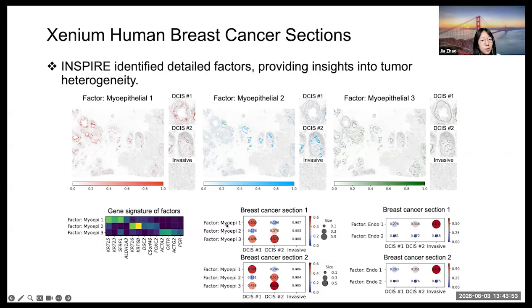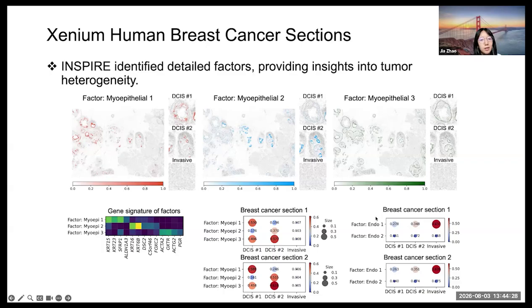So we conduct the enrichment of the colocalization for one factor among those 3 types of tumor subtype. Then we find that, interestingly, myoepithelial 1 only tends to be colocalized with one particular subtype that is less invasive. Instead, myoepithelial 3 tends to be jointly colocalized with 2 of those tumor subtypes.